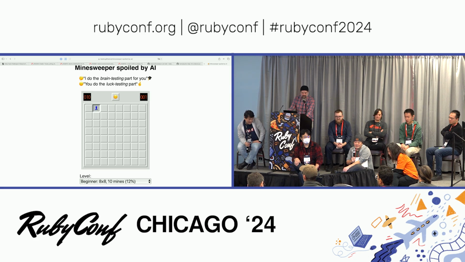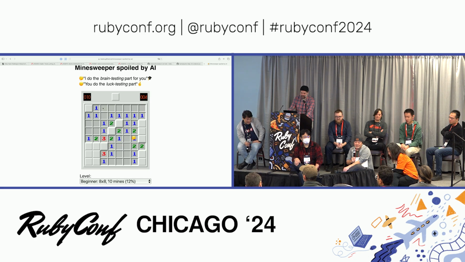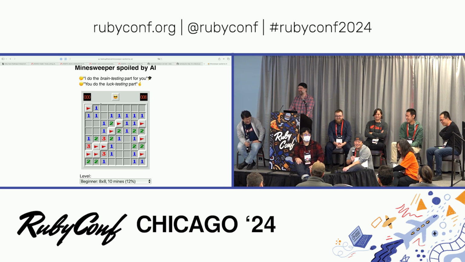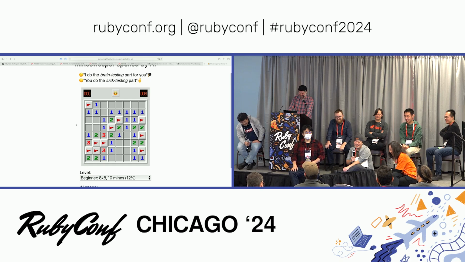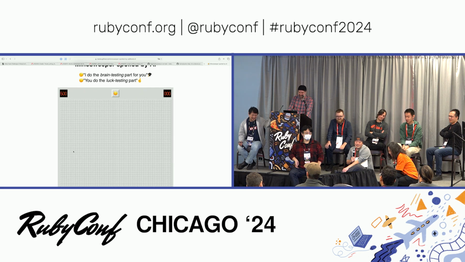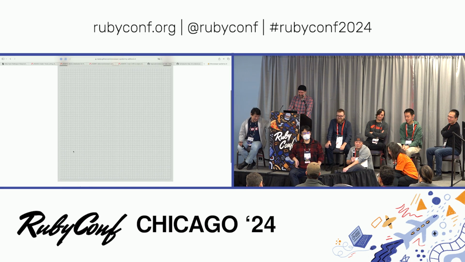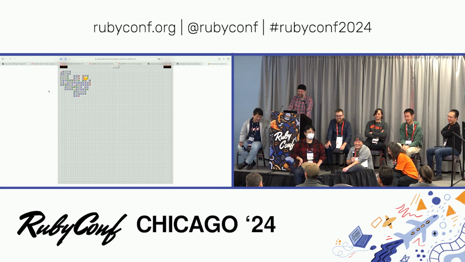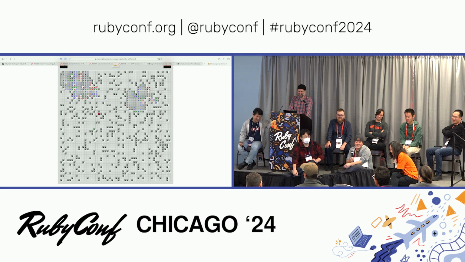The brain testing part is automatically done by AI, and you can just enjoy luck testing, picking a random cell by your luck. So this is one of my hobby projects.